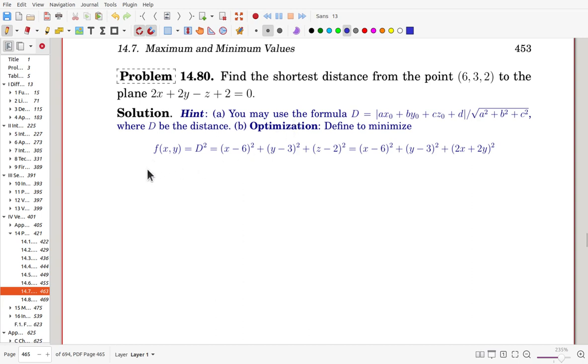And now let's try to get the solution by using the formula.